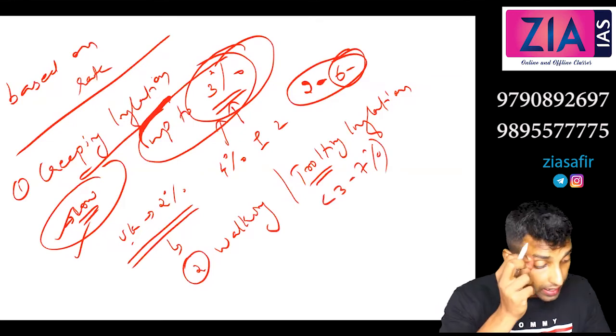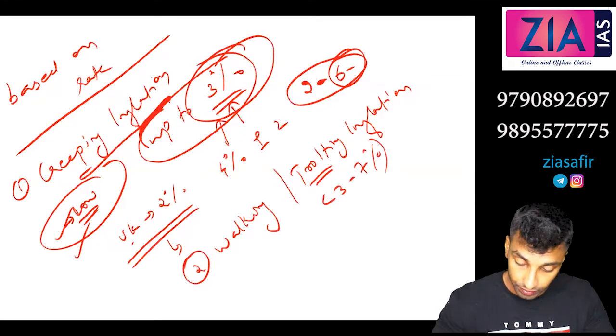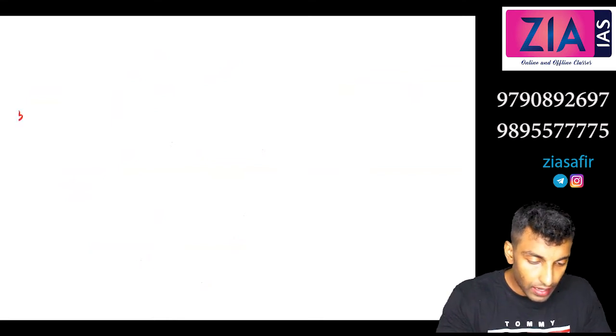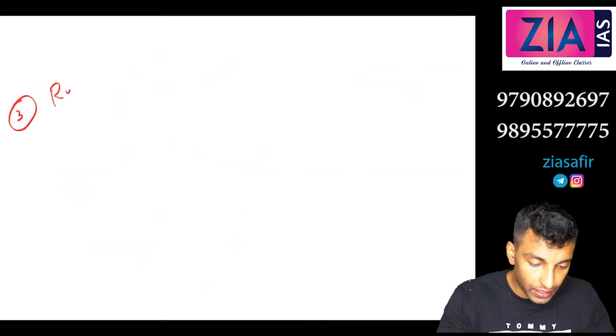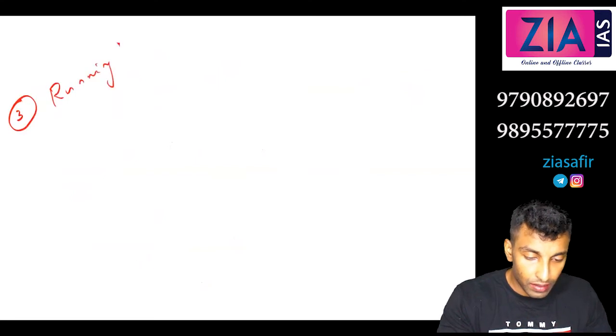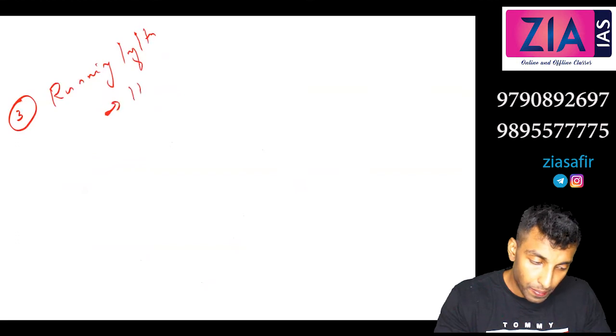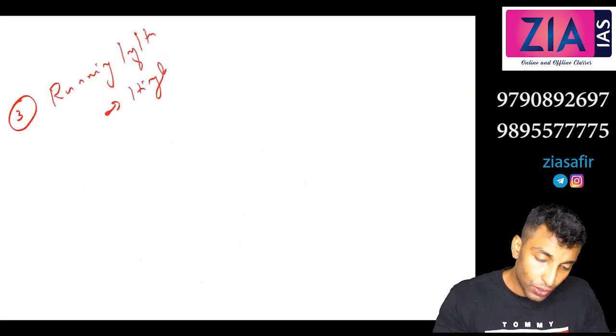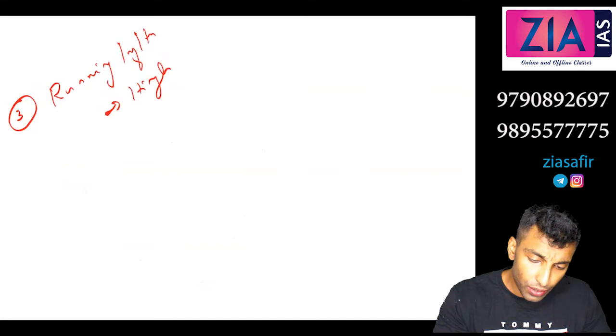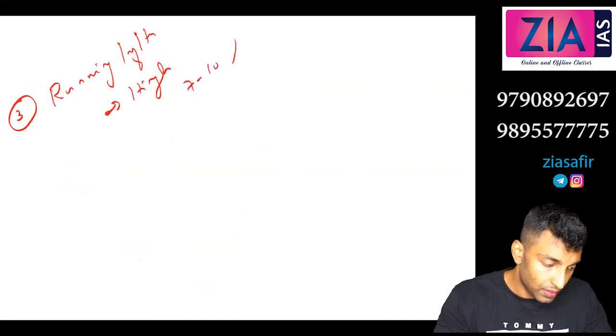Next, the third one, running inflation. So this is high inflation, up to 7 to 10, that range.